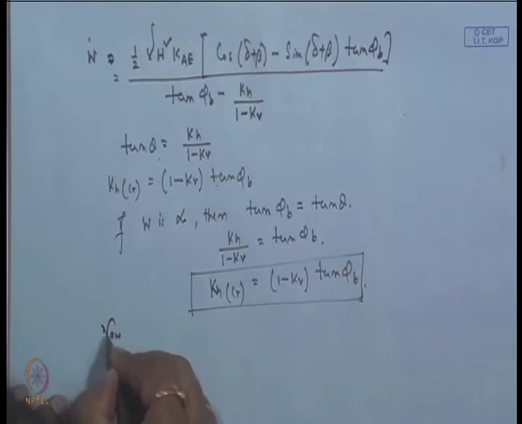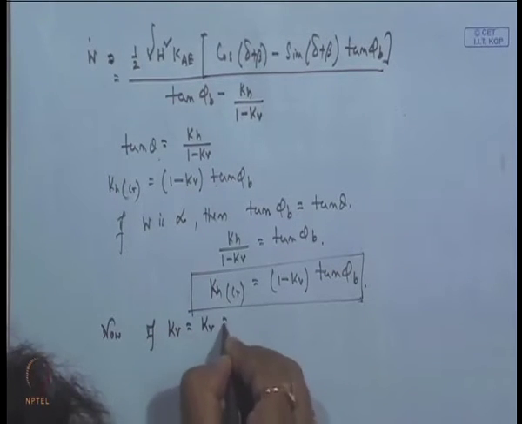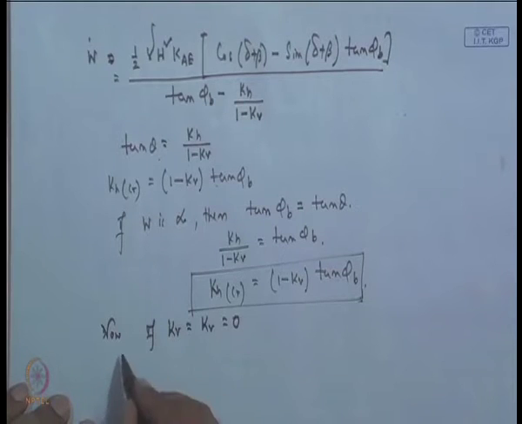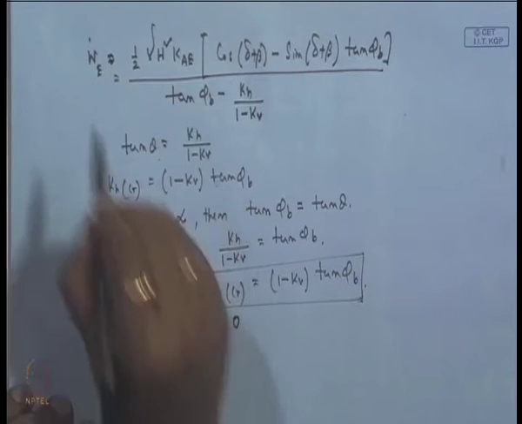Now, if k h is equal to k v is equal to 0, then the expression of W, this one is the expression under earthquake condition.